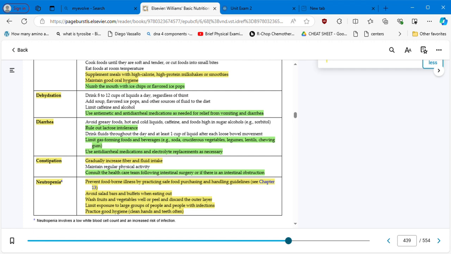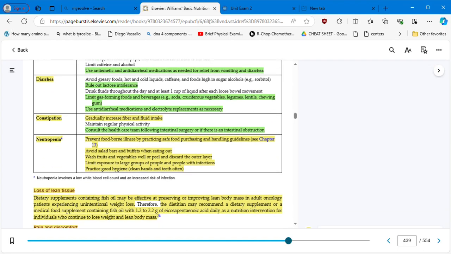That's when we need to provide the electrolyte replacement as necessary, and in that case, the antidiarrheal medication, right? So constipation, gradually increase fiber and fluid intake. Consult the healthcare team following intestinal surgery or if there is an intestinal obstruction.